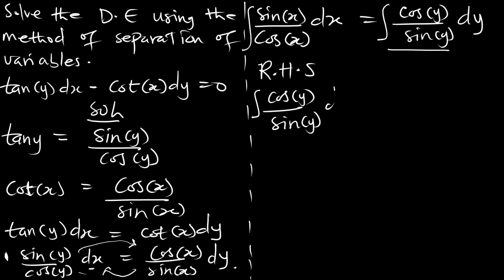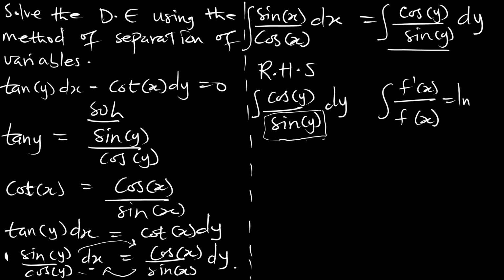If we are solving this in calculus, let me simplify it for you, where we have f prime of x and f of x, the answer is going to be ln of f of x.